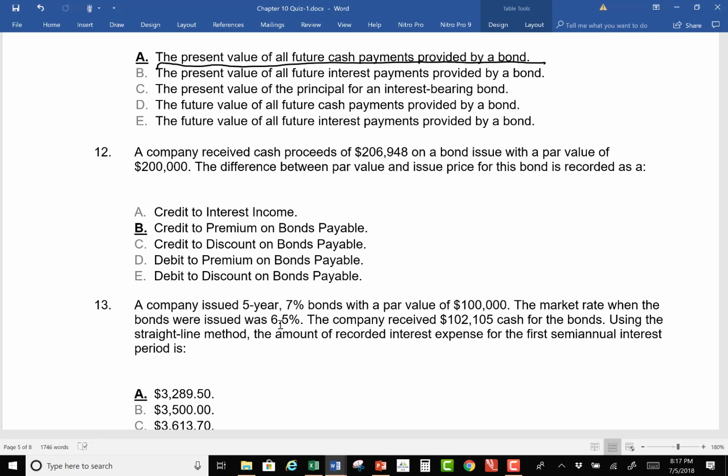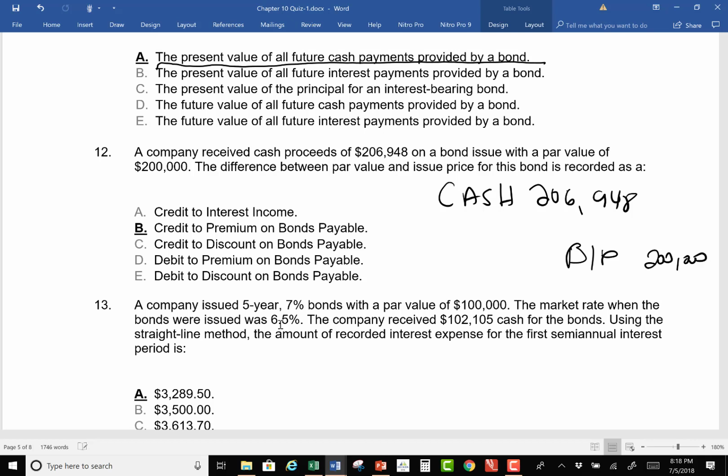Well, I asked what you debit. You debit cash. You're receiving cash. You're borrowing money, aren't you? $206,948. Right? Okay, what do you want to credit here? Good. Credit bond payable for the full $200,000, right?